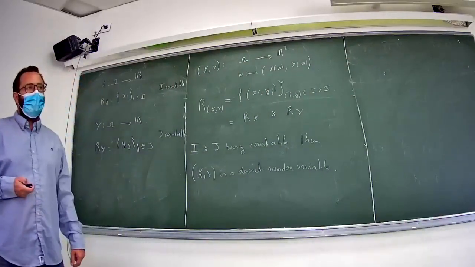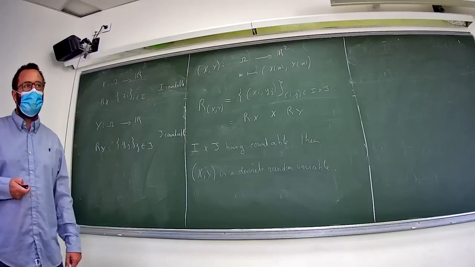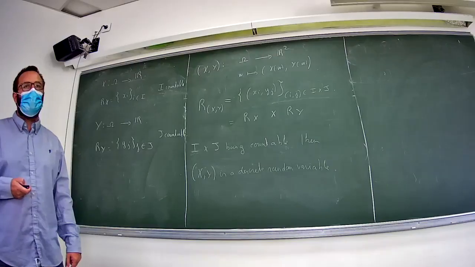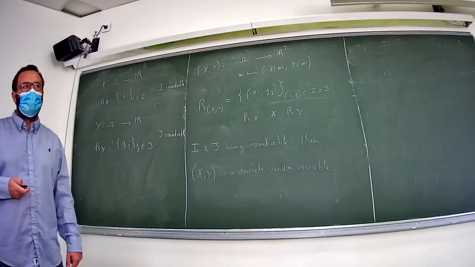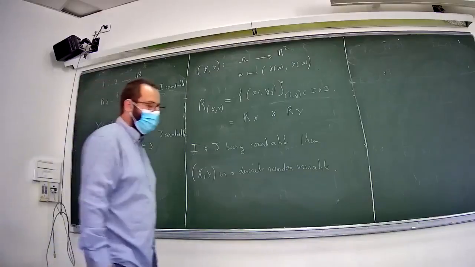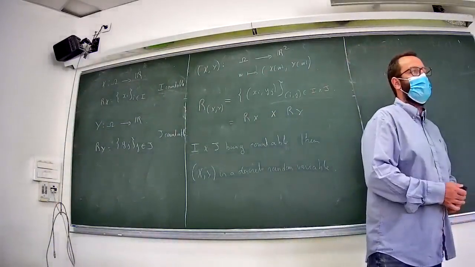I consider my two discrete random variables. Okay, and what we call the joint distribution of X and Y is just the distribution of the pair, and we know that the distribution of a discrete random variable is characterized by the probability mass function.